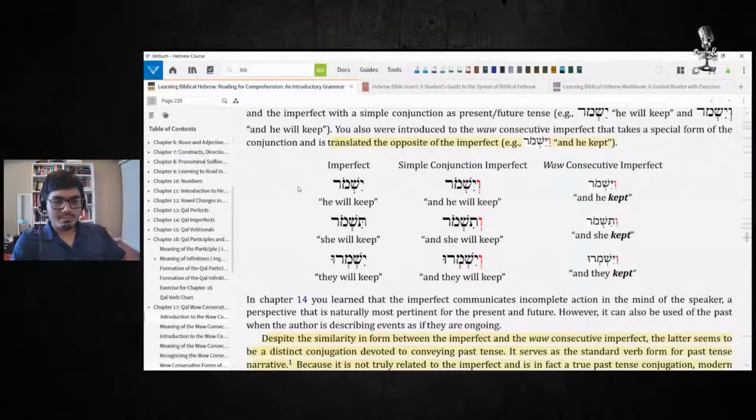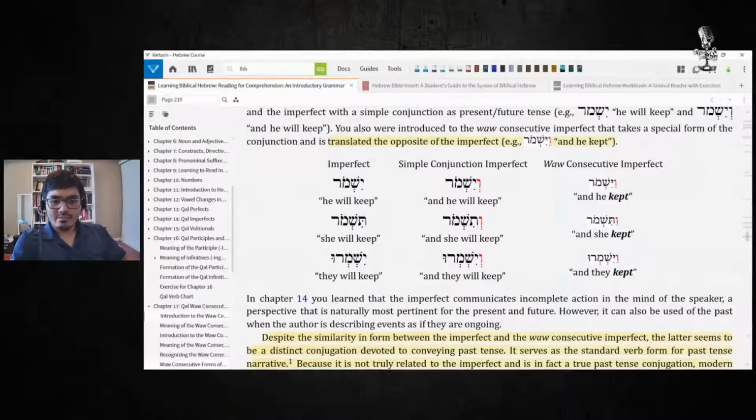So, he will keep, that's the basic imperfect form. If you add a conjunction to it, it becomes a simple conjunction imperfect. That's Veyishmor, and he will keep. And then if you add the vav consecutive, it becomes Vayishmor. Notice that the meaning changes. It's no longer will keep, but kept, and he kept.